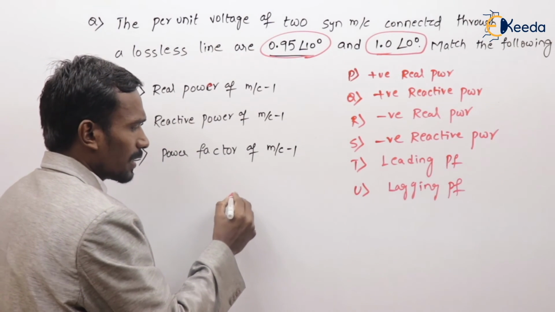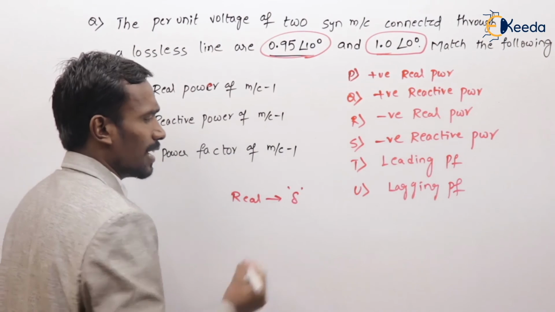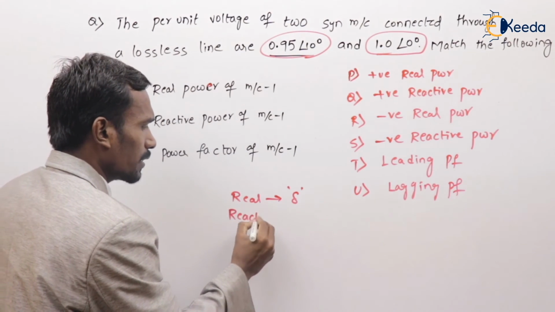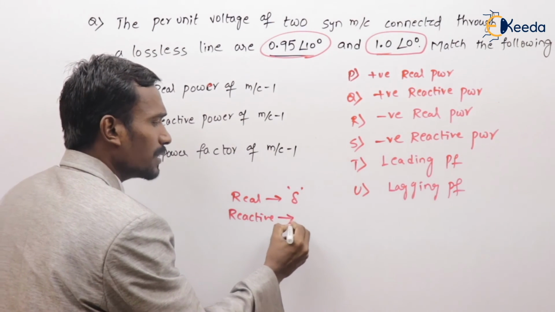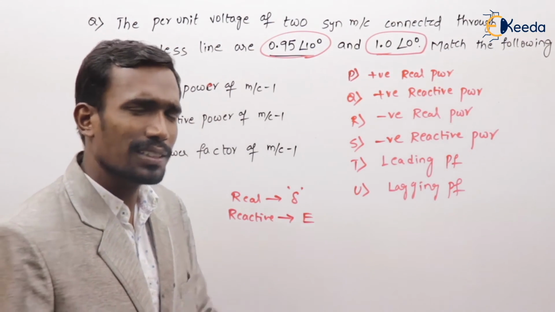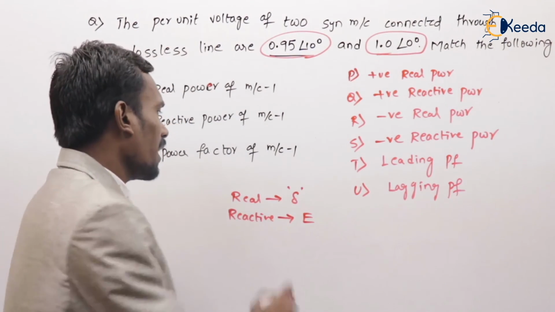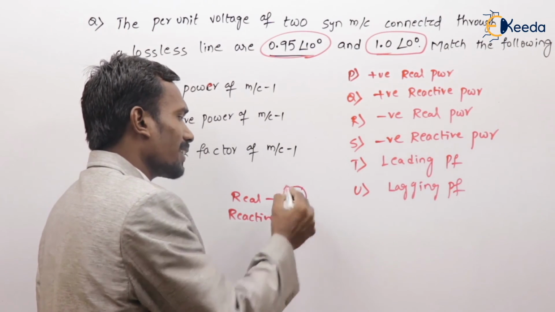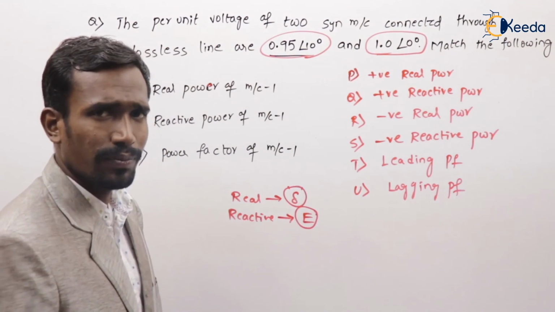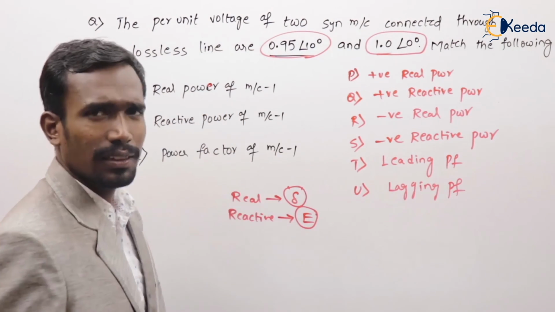Actually, the real power mainly depends on load angle delta, and reactive power depends on the excitation EMF, or simply excitation. Real power depends on delta and reactive power depends on EMF. Now tell me the real power of machine 1.